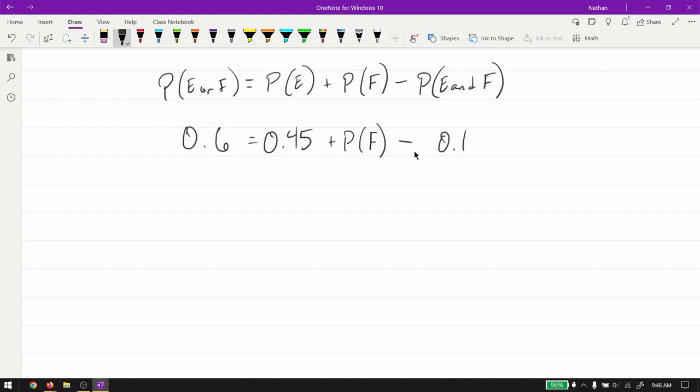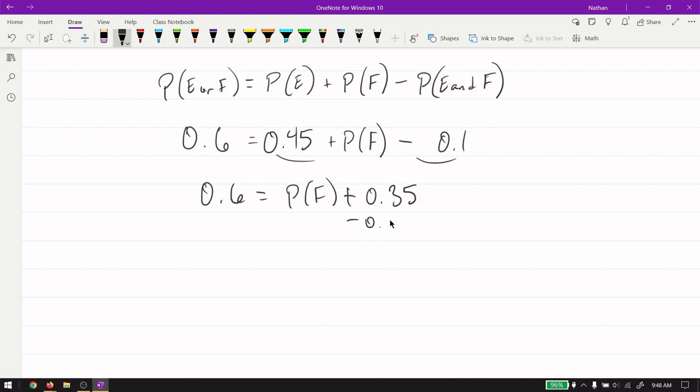So all we really have to do is get F by itself. I can combine the 0.45 and the 0.1. This is supposed to be a minus, and now it's a plus here. 0.45 minus 0.1 is positive 0.35.